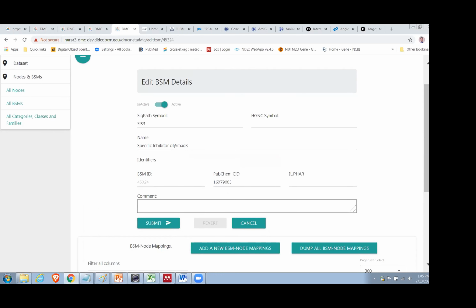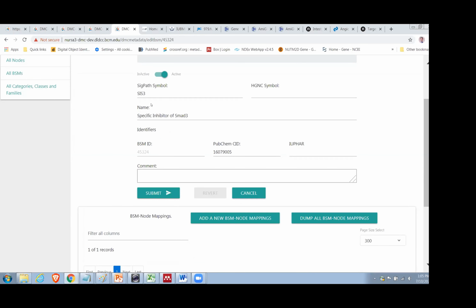In this case, you have a particular small molecule that is known as a specific inhibitor of SMAD3. However, for the purposes of our annotation, we prefer to use small alphanumeric symbols that are unique for a particular small molecule.